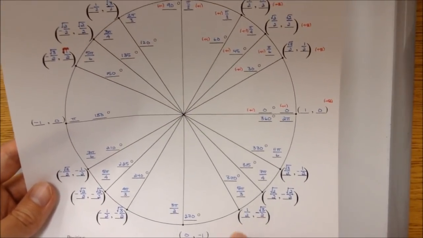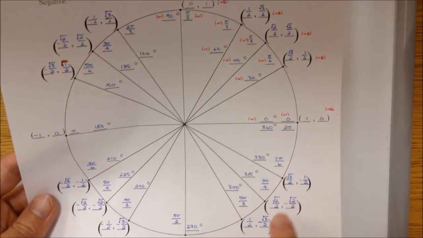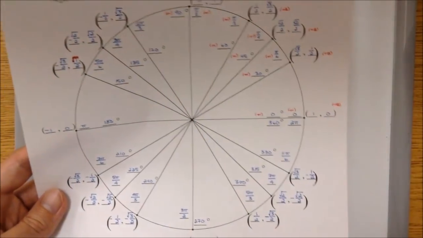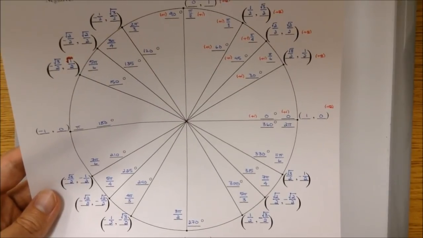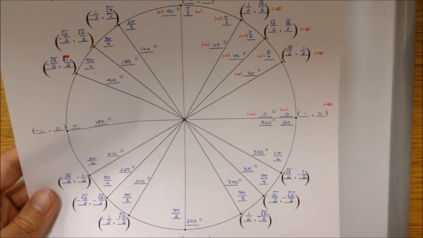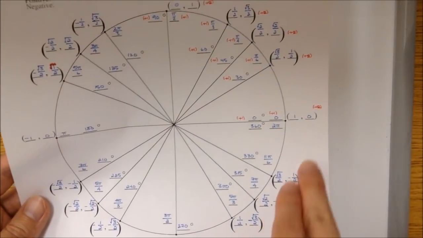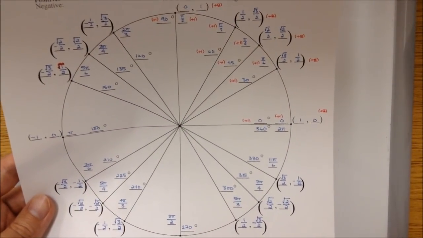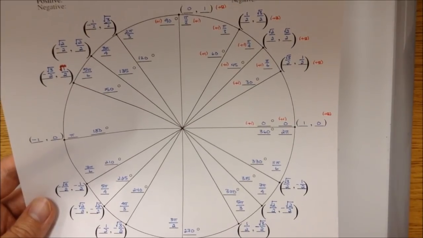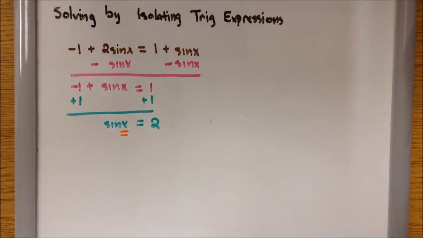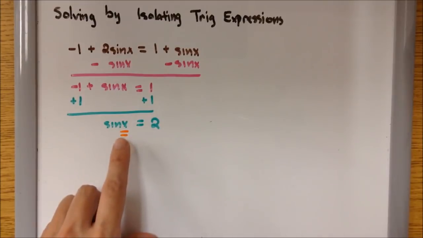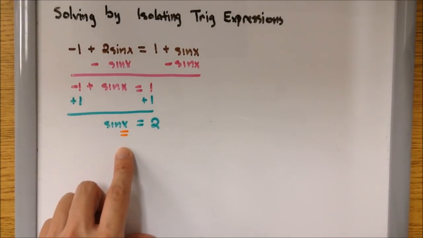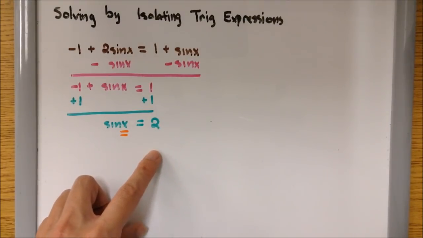And if we're looking at all the other exact values, they're all fractions, none of them matches a whole number of 2. So as I take one final look at the exact values for sine of x, none of them has 2. That means if it's not on the unit circle, there is no solution for x. You won't find a value for x where sine of x equals 2 on the unit circle.